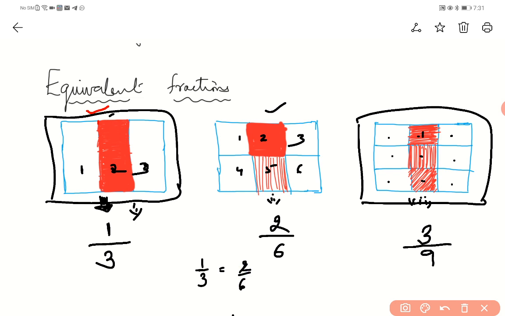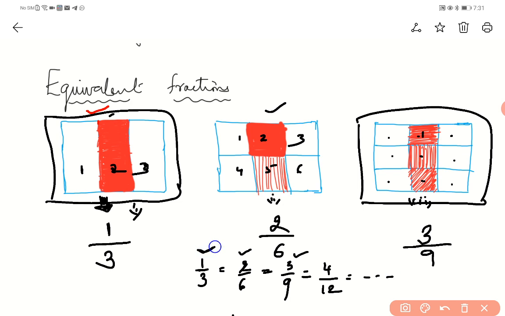That is, if you cancel this, you will get again 1 by 3. This is equal to 3 by 9. So the equivalents of 1 by 3 are 2 by 6, 3 by 9, and 4 by 12. 4 ones are 4, 4 threes are 12. So I will get again 1 by 3. Okay. So you will have so many equivalents.